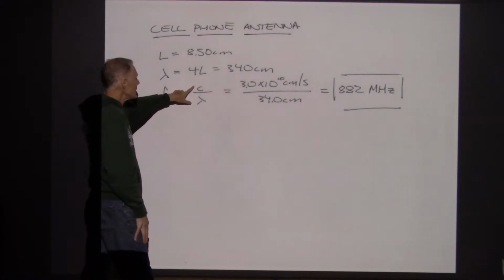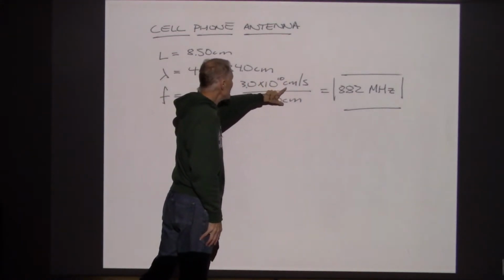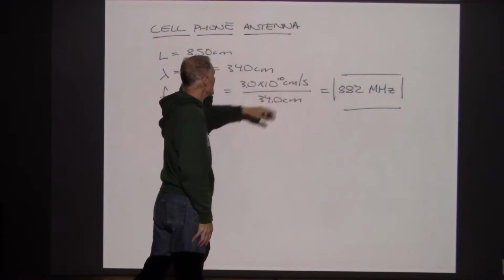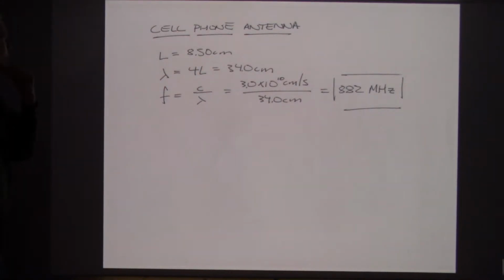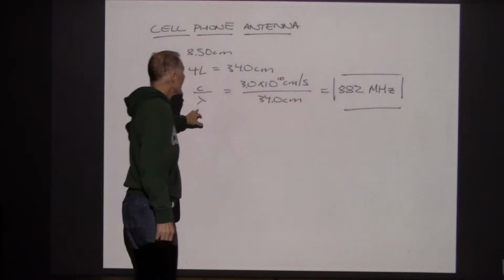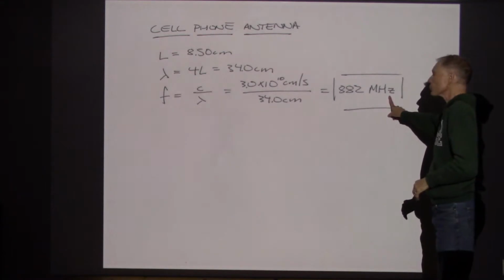I can take c. Now c is 3 times 10 to the 8th meters per second, but I put this in centimeters, so I made that 3 times 10 to the 10th, and then divided that through by the wavelength, and what that gave me was 882 megahertz.